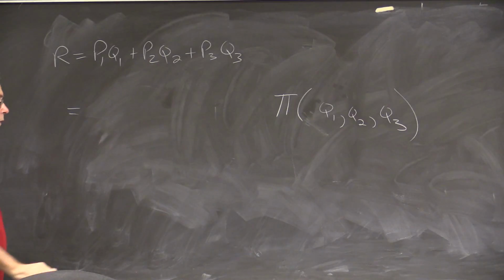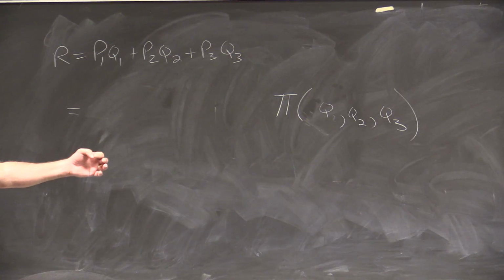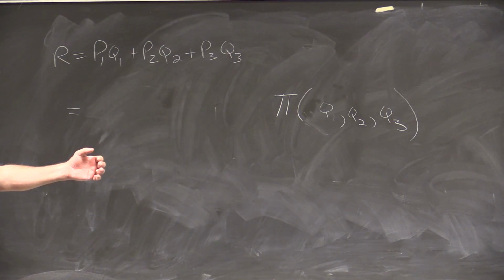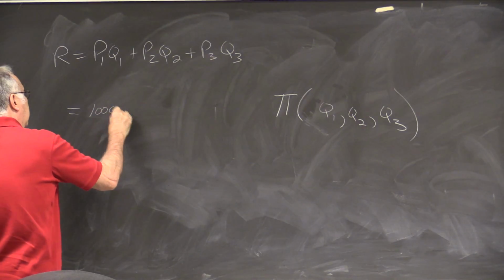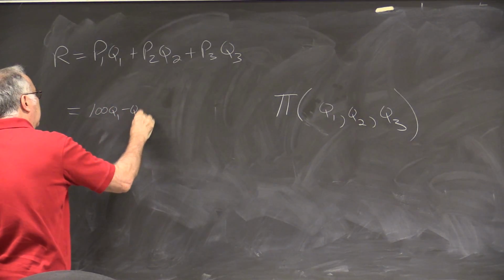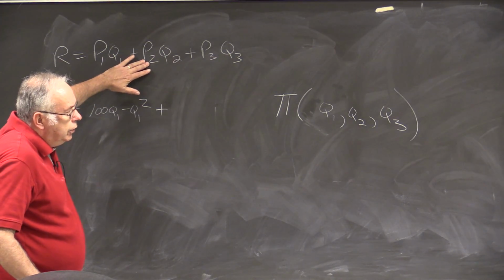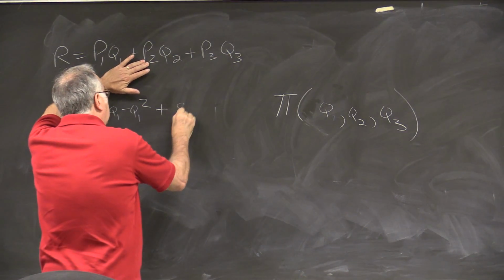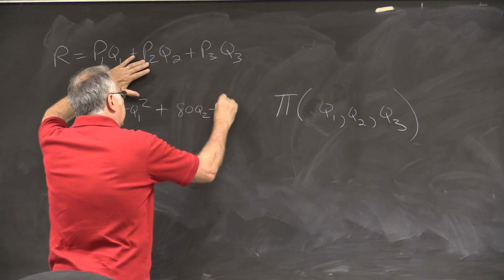And notice, if you substitute in for P1, it's going to be 100 minus Q1 in parentheses times Q1. So that'll be 100 Q1 minus Q1 squared, plus this term here, P2 Q2, is going to be 80 Q2 minus Q2 squared.